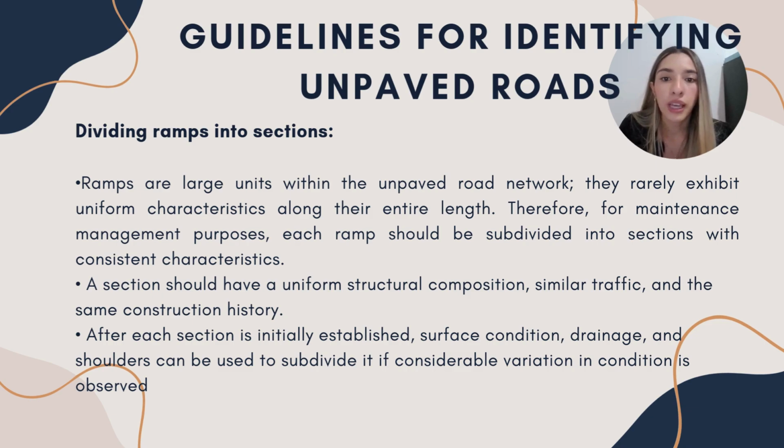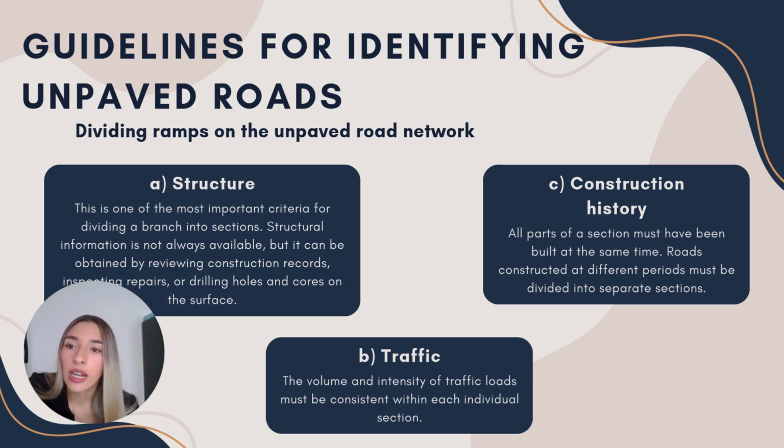A section should have a uniform structural composition, similar traffic, and the same construction history. After each section is initially established, surface condition, drainage, and shoulders can be used to subdivide it if considerable variation in condition is observed. Dividing branches on the unpaved road network. A structure.